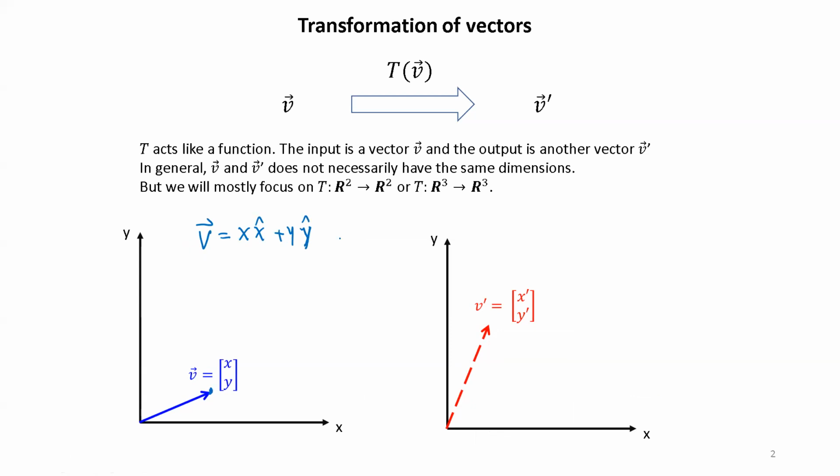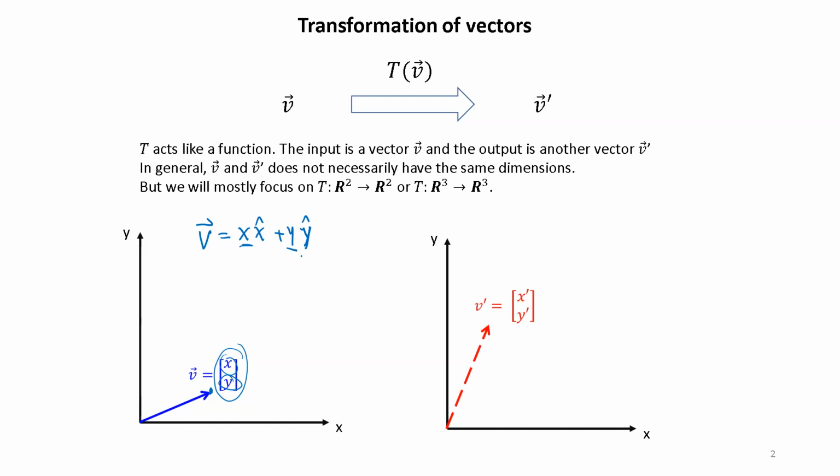Here in this chapter, we'll write it as a column matrix. The first entry tells you the magnitude of the x component of your vector, and the second entry tells you the magnitude of the y component of your vector.